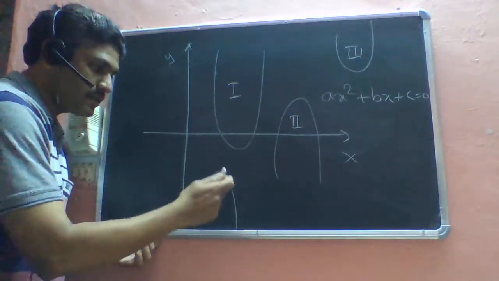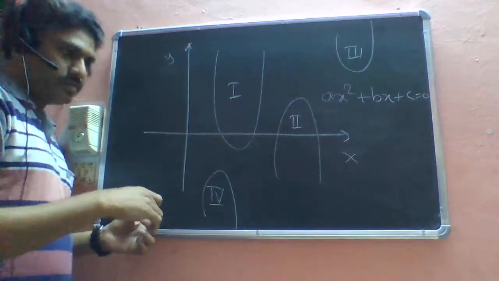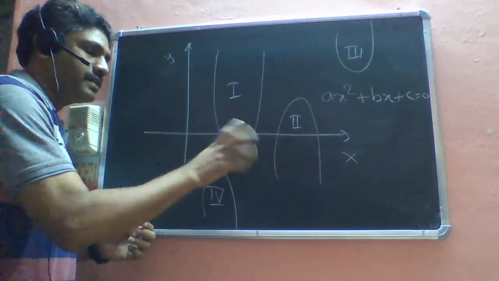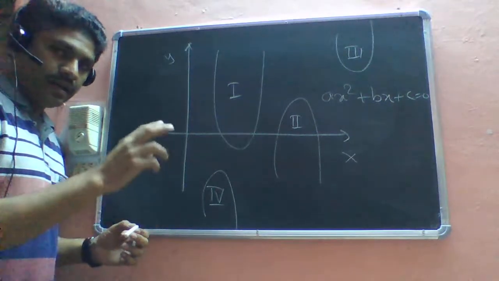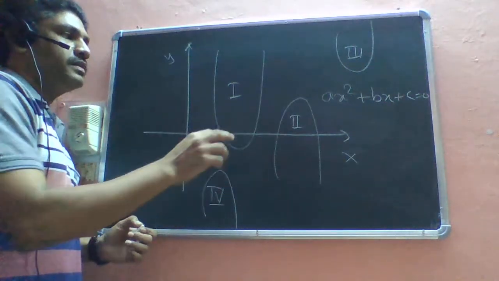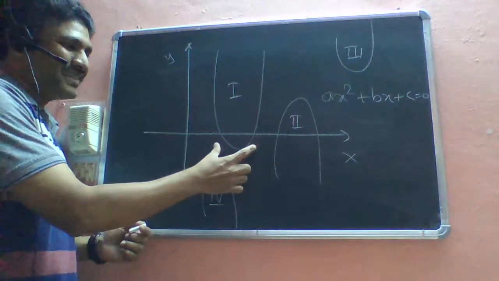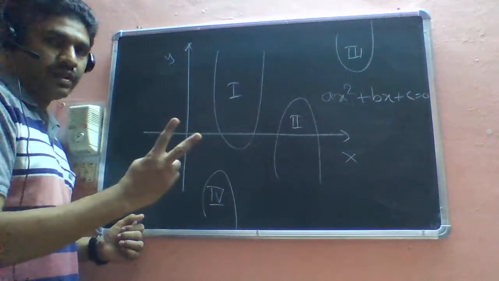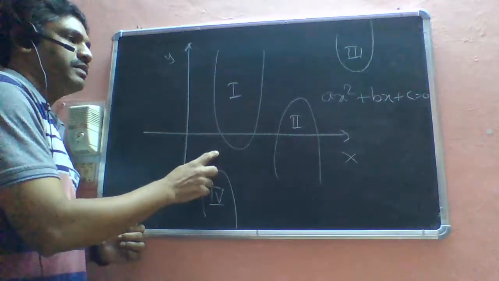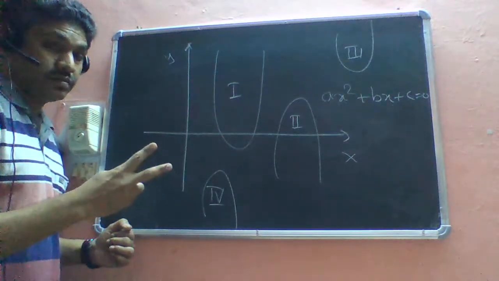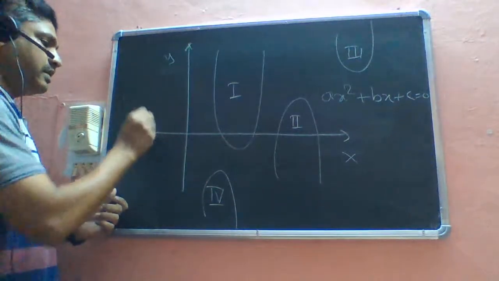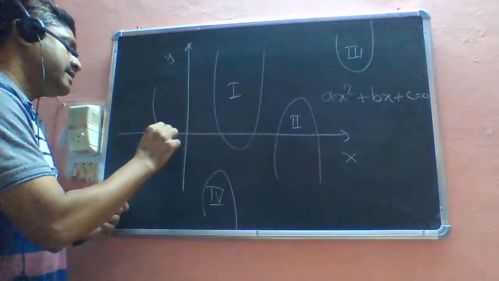This is not touching. And one more thing I forgot to tell you, that the number of times the graph is touching the x-axis, that many times the zeros are there. Suppose this graph is touching the x-axis two times, so this quadratic equation has at most two zeros. And sometimes it is not touching, or sometimes it will touch a single point.